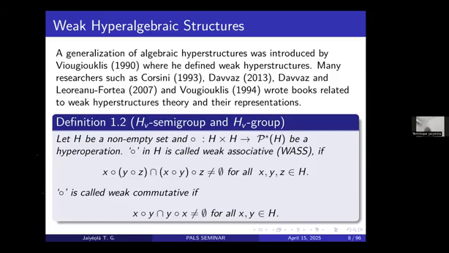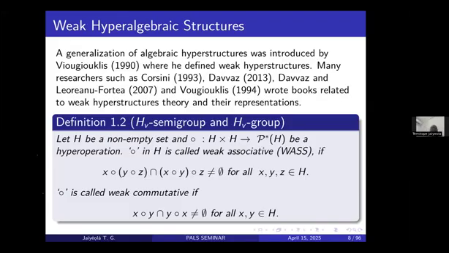Then we also have some weak hyperalgebraic structures, which are generalizations of algebraic hyperstructures. They have been studied by Jospin, Davas, and some other authors. AG-groupoids and AG-semigroups are good examples of weak hyperalgebraic structures.